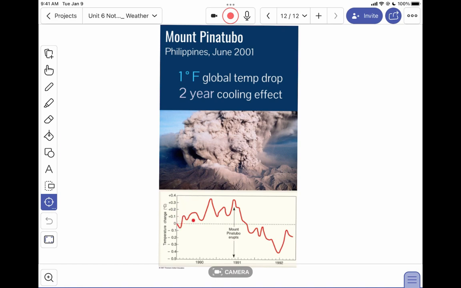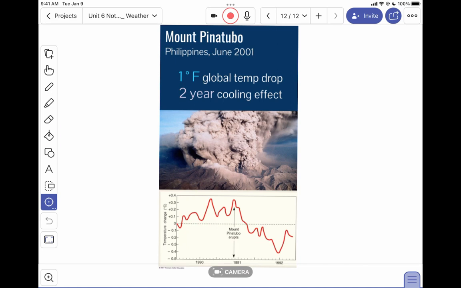We have temperatures doing this, the volcano erupts, and now you'll see it drops down almost a whole degree, so like 0.75 degrees Celsius, so probably closer to a degree and a quarter Fahrenheit. And then it comes back up again as those gases are dispersed out. But overall, it looks like it brought down global temperature 1 degree Fahrenheit for 2 years.